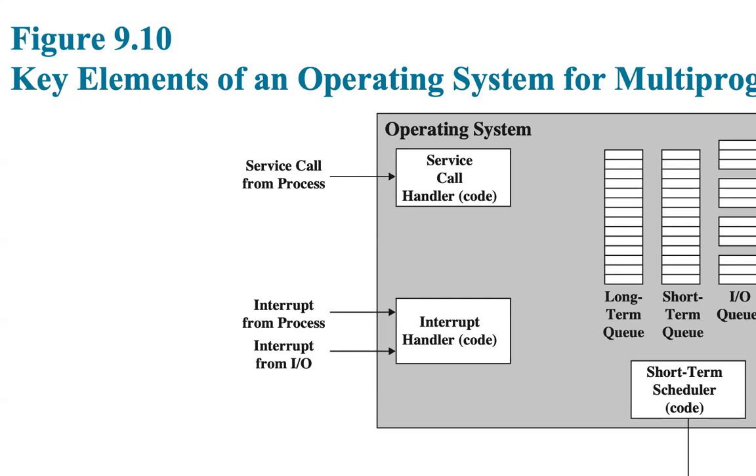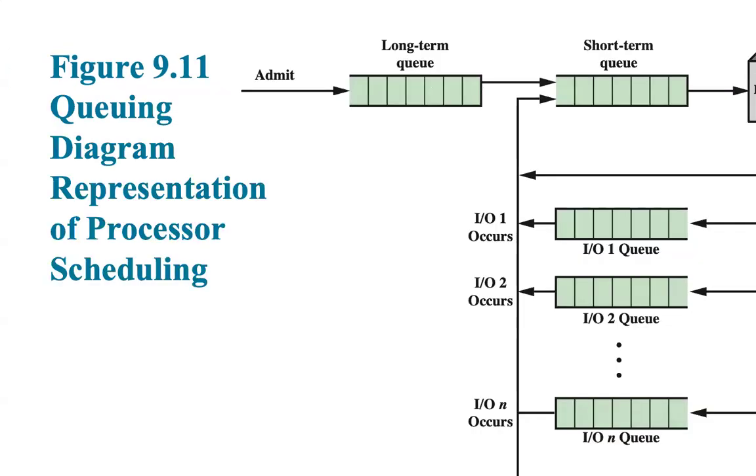The OS receives control of the process at the interrupt handler if an interrupt occurs, and the service call handler if a service call occurs. Once the interrupt or service call is handled, the short-term scheduler is invoked to select a process for execution. You can read more about this in the textbook, but I just wanted to give you a little bit of an overview about that.